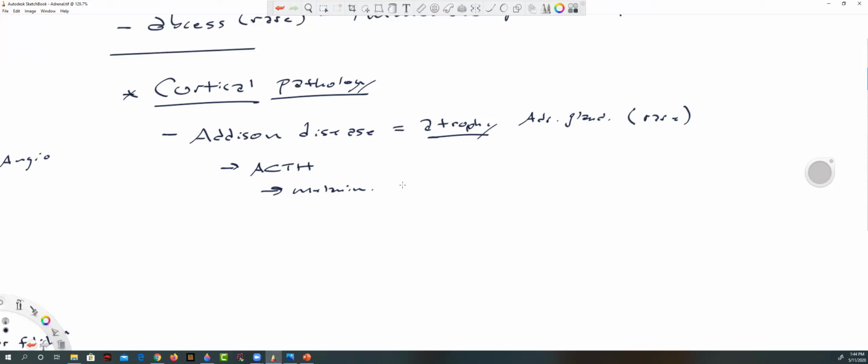I don't know about orange skin, but bronzing of the skin is a telltale trait of Addison's disease. I don't know why it connects to melanin. It just does.